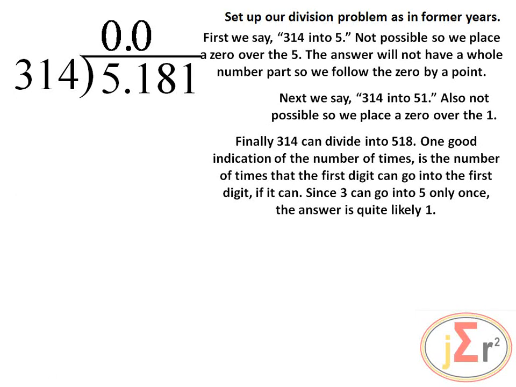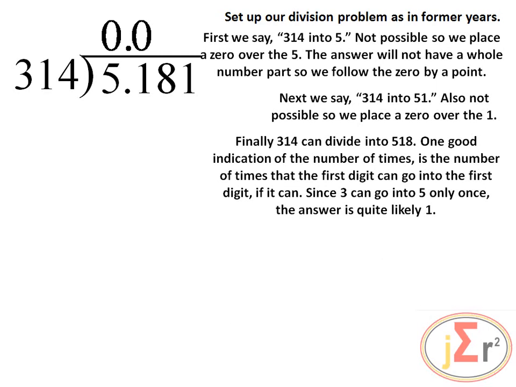One good indication of the number of times is the number of times that the first digit can go into the first digit, if it can. Since 3 can go into 5 only once, the answer is quite likely 1. How do we know that it is actually 1? Because 1 times 314 is 314.